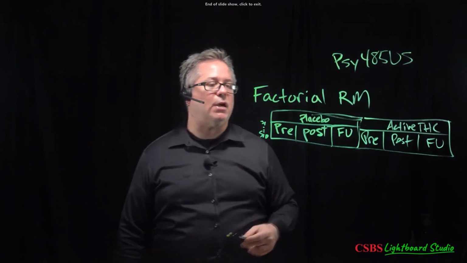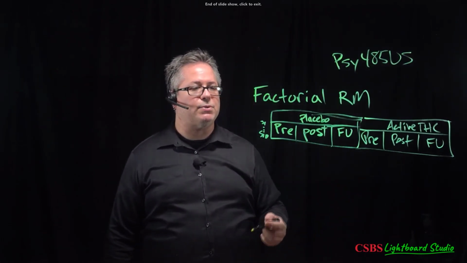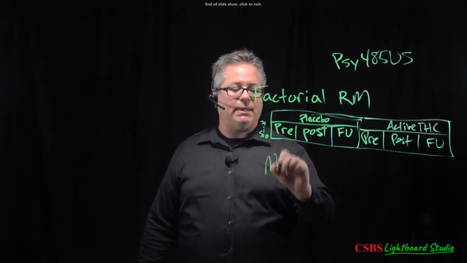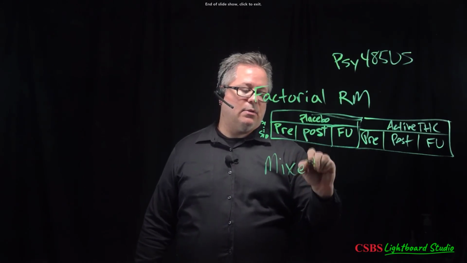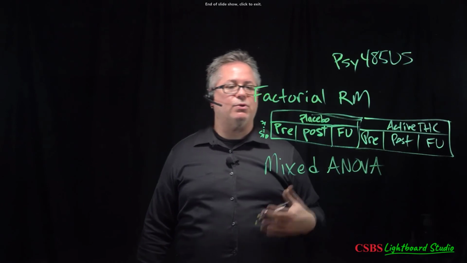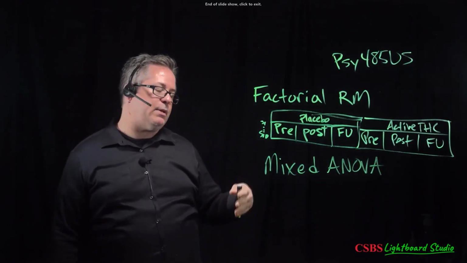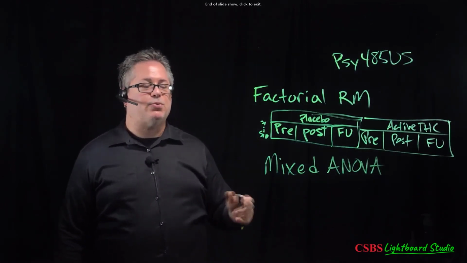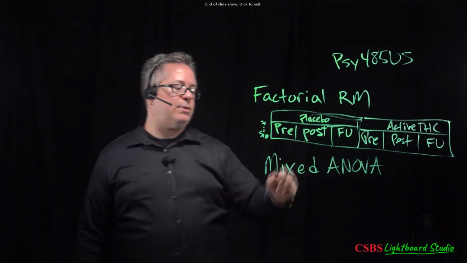covers topics more like factorial repeated measures and something like a mixed ANOVA, which there are different versions of the idea of mixed ANOVA, but I'm thinking about a mixed between repeated. So go back to our example again.